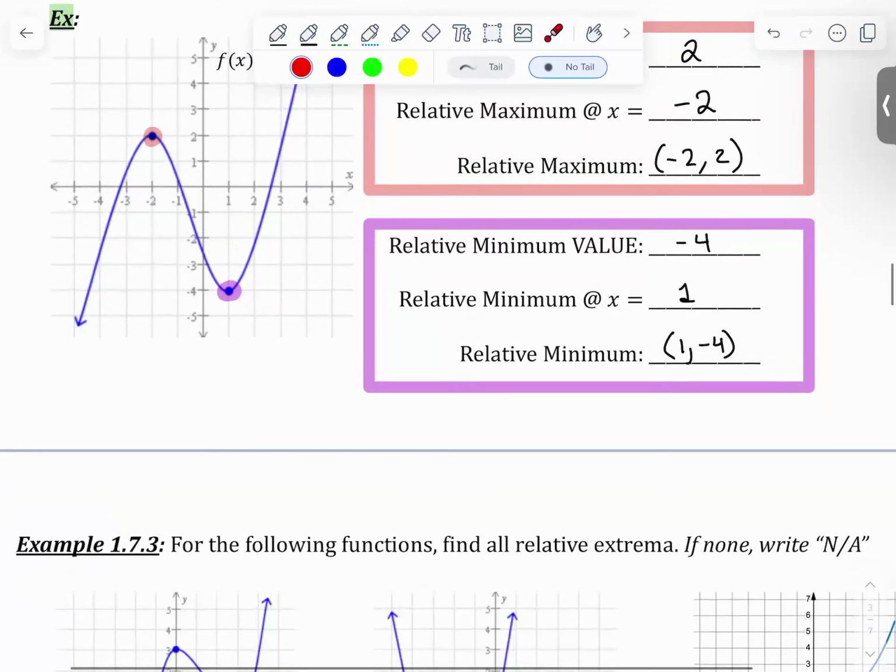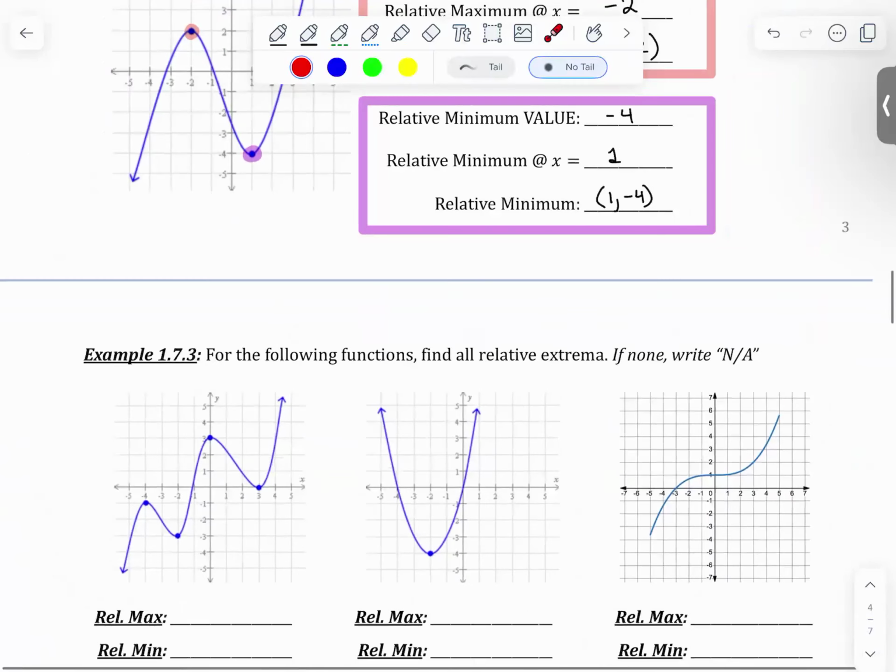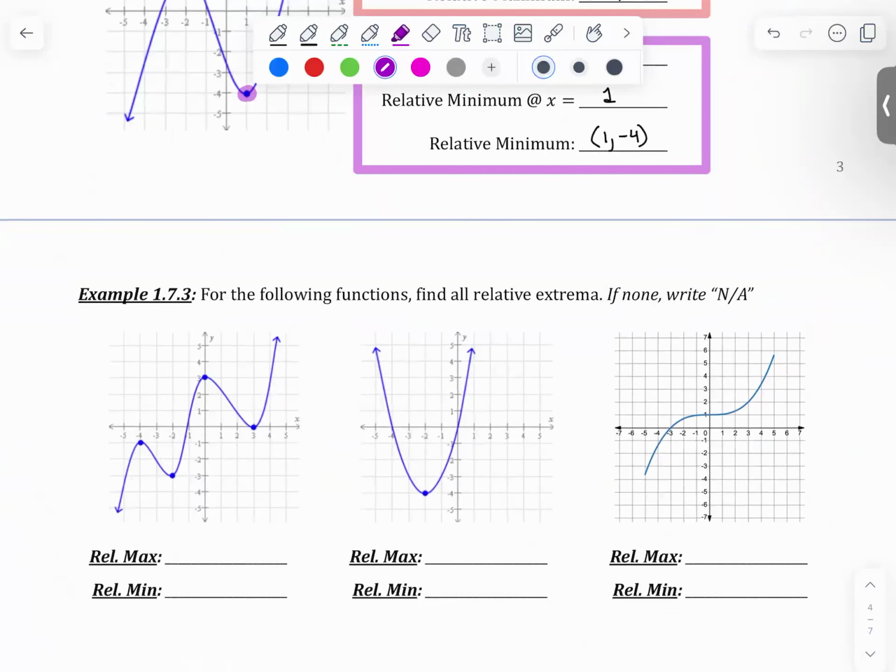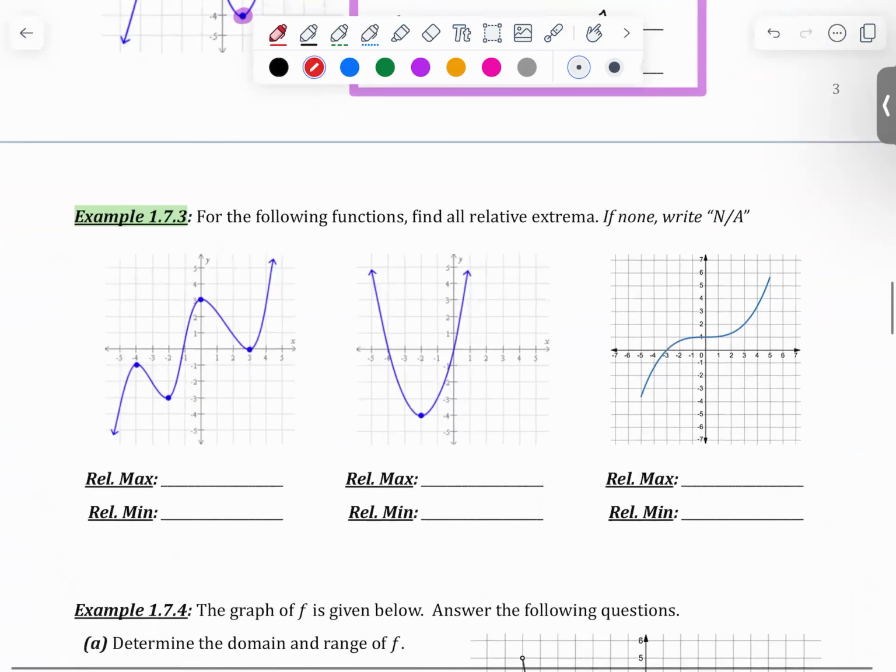So let's look at an actual example with multiple ones that we can do. Example 1.7.3, find the relative extrema of these functions. You can color code them if you want. I'm going to make all my relative maxes in red and my relative minimums in purple, since the curve is blue.